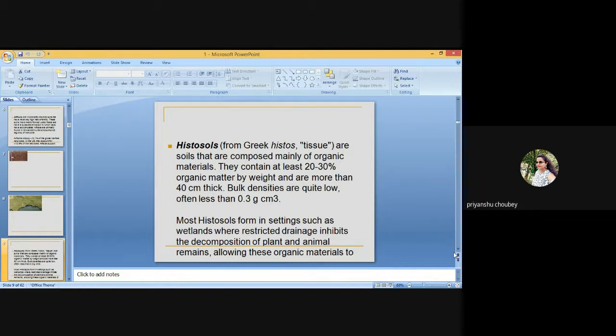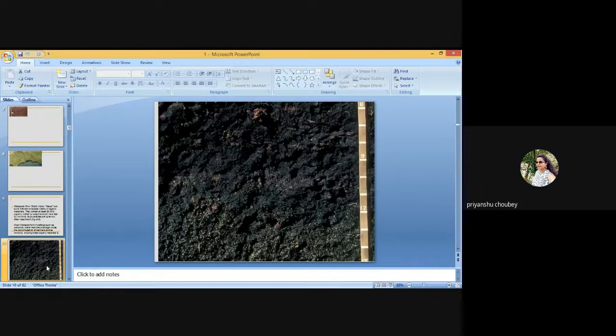Most histosols form in settings such as wetlands where restricted drainage inhibits the decomposition of plant and animal remains, allowing these organic materials to accumulate. This is a histosols picture.